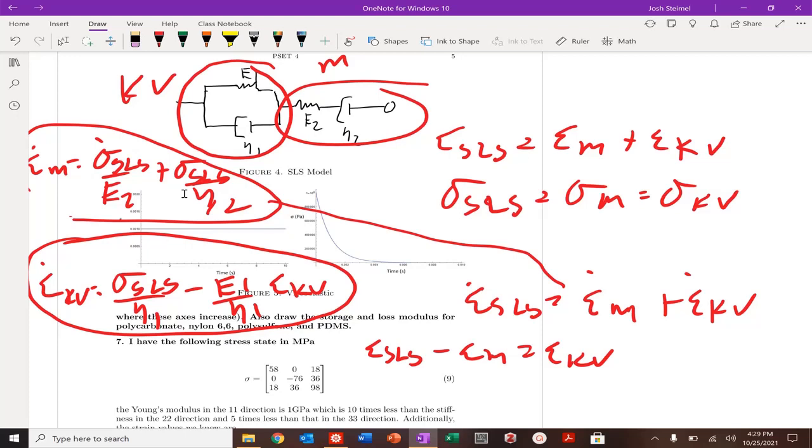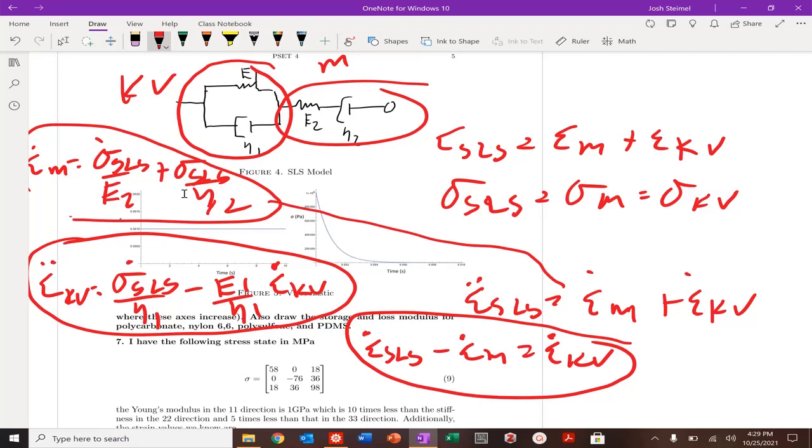I need strain rate. So I'm going to have to take another time derivative. Throughout the whole function, in order to rewrite this expression, I'm going to have to take the derivative of everything here. So now I'm getting a double derivative.